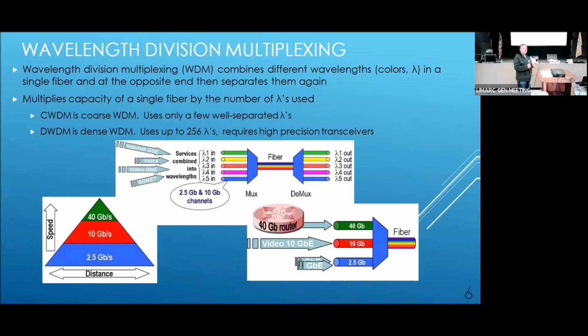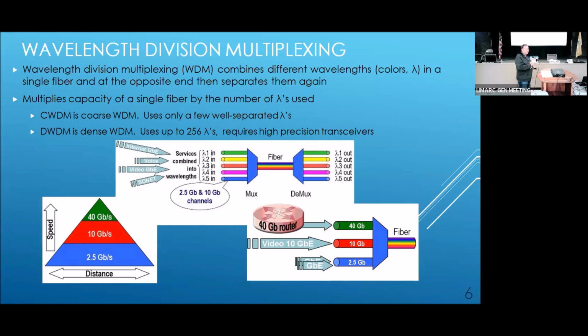For precision long haul, and I'm thinking here of submarine cables that go literally tens of thousands of kilometers, you really want to make the best use you can of that fiber because those cable laying ships are expensive as hell. So what they do is they use dense wavelength division multiplexing, and it can use up to 256 wavelengths, and it requires extremely high precision optics.